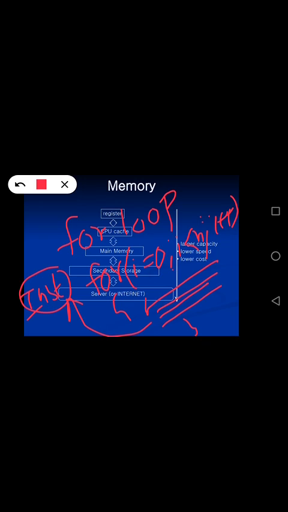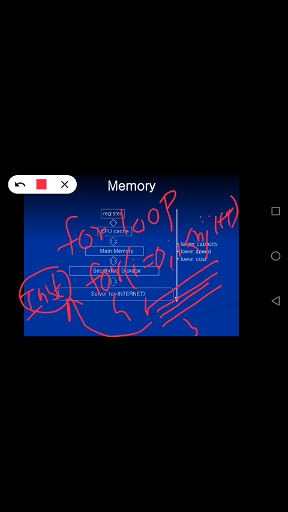So this set of instructions within the body of the for loop has to be executed iteratively for 0 to n minus 1 iterations.